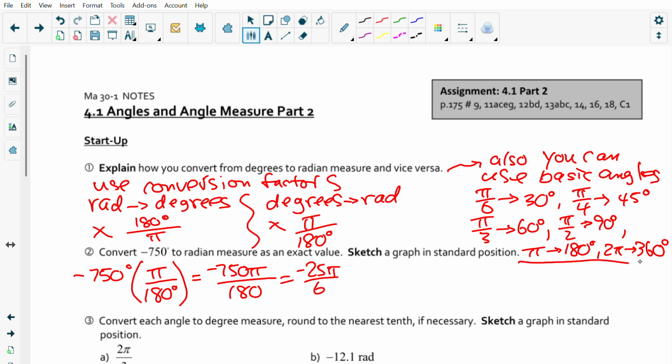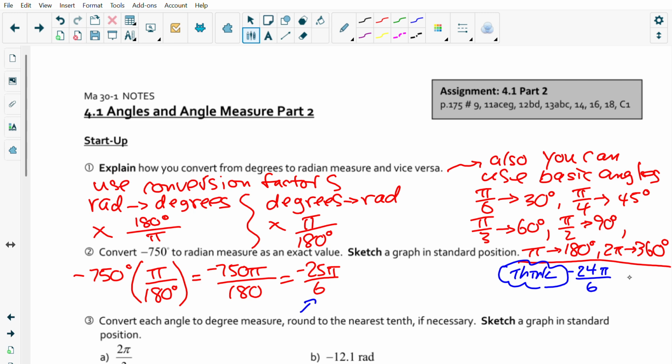I'm going to pick the closest major angle. I usually pick in terms of units of pi, radians. So in this case, I think of negative 24 pi over 6. That's really close to negative 25 pi over 6.